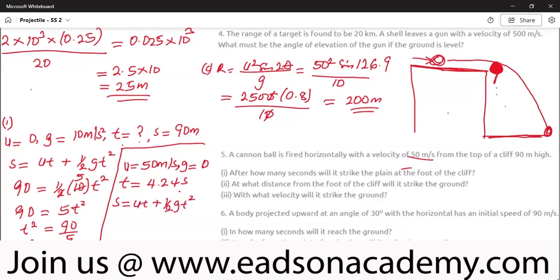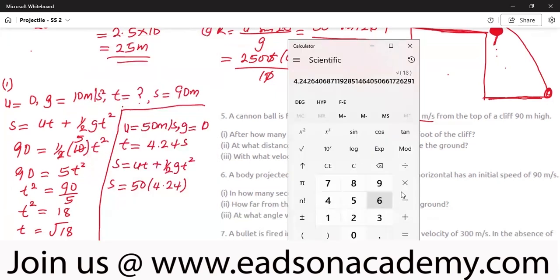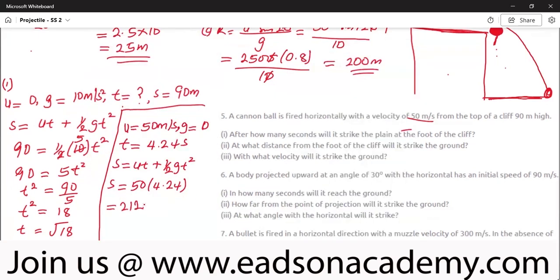So this term of the equation is zero. S therefore is 50, the initial velocity of projection, times the time taken, 4.24. 4.24 times 50 is 212.1 meters.